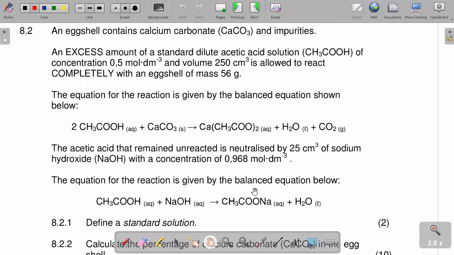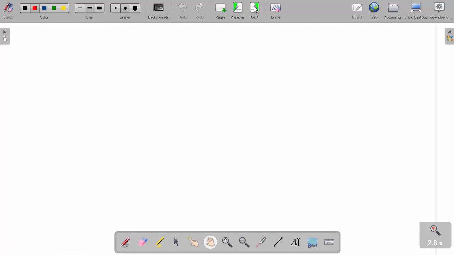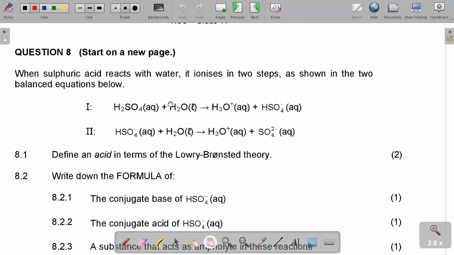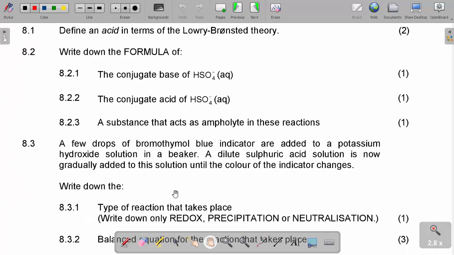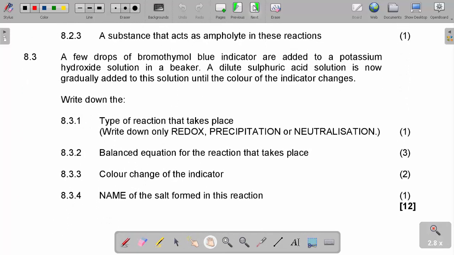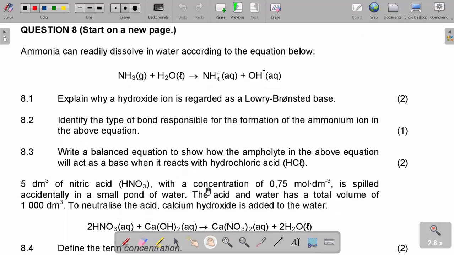And why not then go to grade 12, because this is the last part of the paper. Are we together? This question was also done. Please try it out. I'm sure you can answer these questions now. Try them out. And then this other one here, the last part of the question, also try it out.